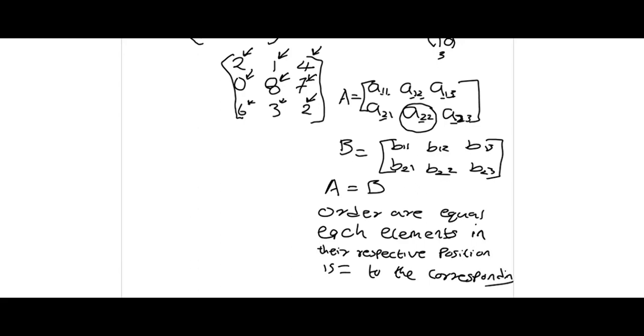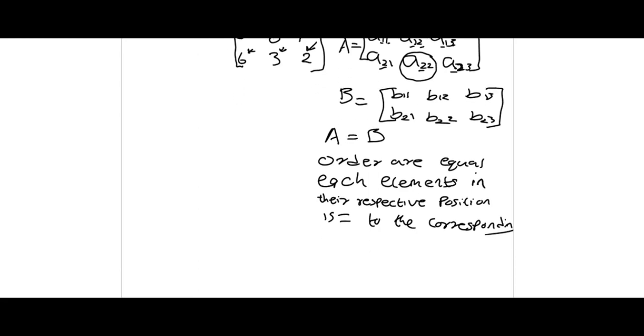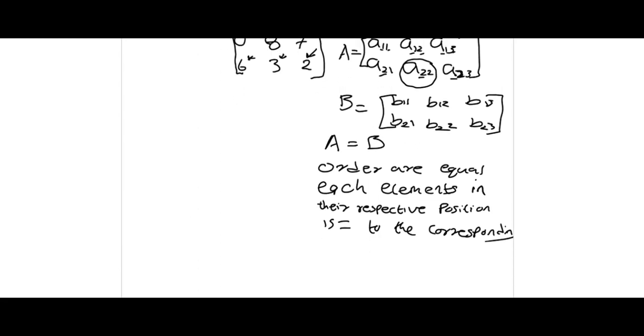So I believe you understand what that is. This means this will be equal to this, and this will be equal to this. Those are the elements in their respective positions. All these elements in their respective positions are equal to the elements in the second matrix that correspond to the positions they occupy. So that's equality of matrices.